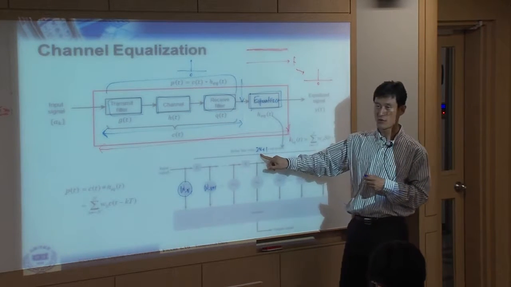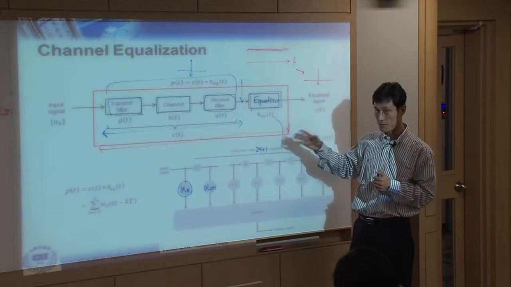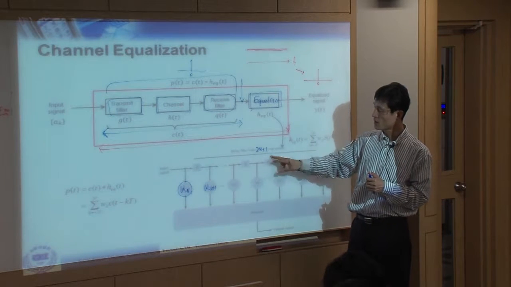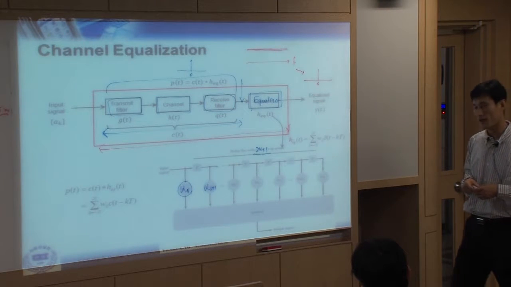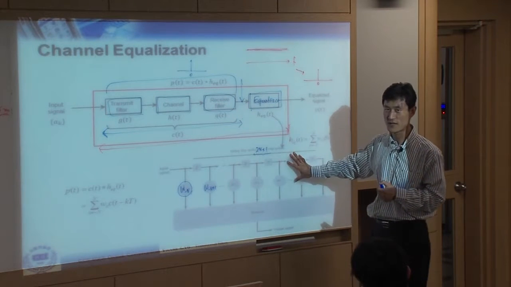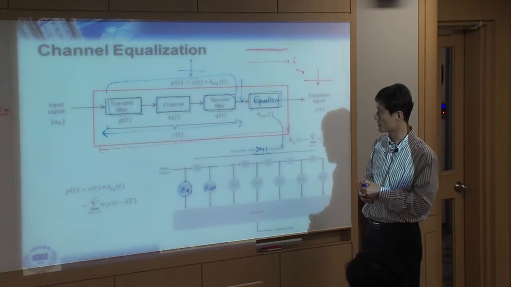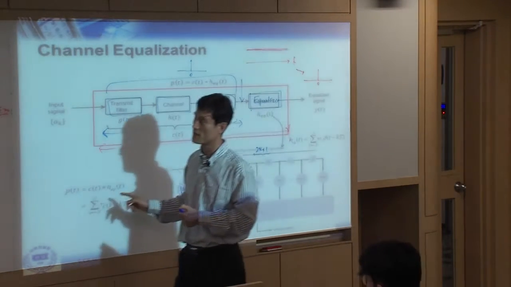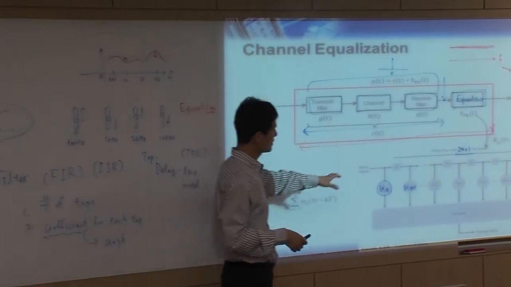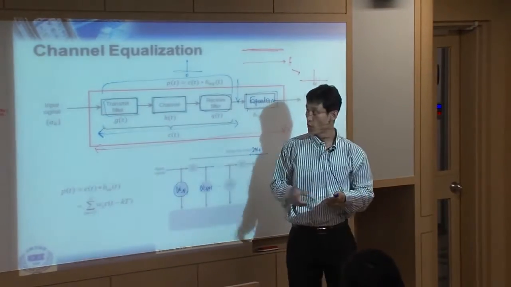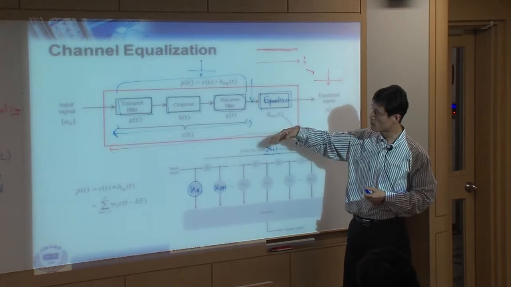Then how do you decide the number of taps? That depends on the filter design, and the number of taps is determined by many different factors. In this case, we don't have to discuss those things. But typically, the number of taps is based on this: we have some remaining interference here, right? And the equalizer is going to remove that.